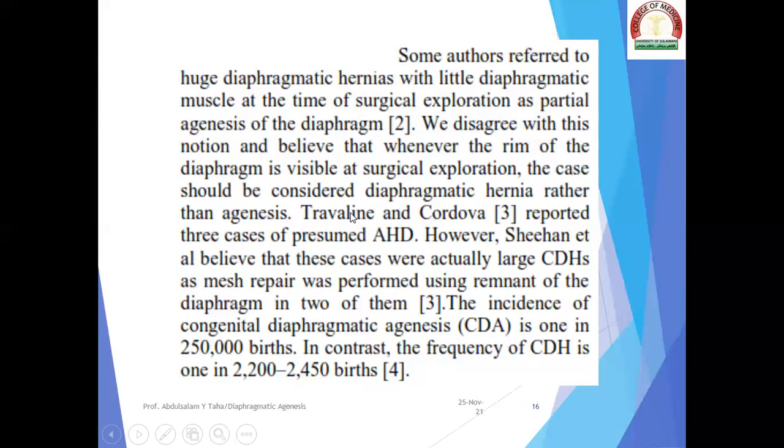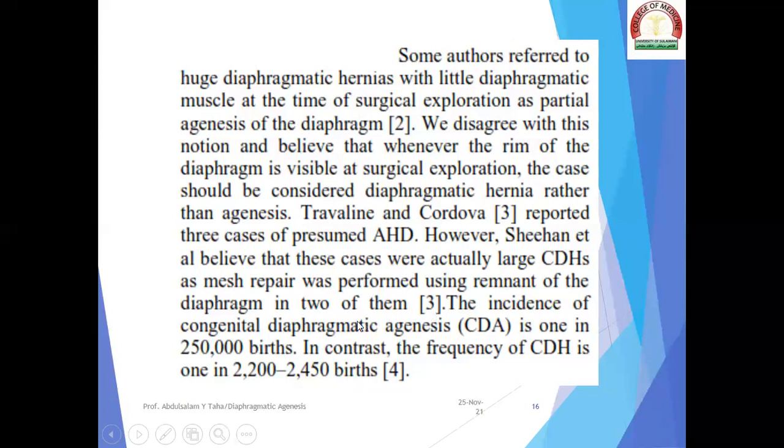Travaline and Cordova reported 3 cases of presumed agenesis of the hemi-diaphragm. However, Sheehan et al. believe that these cases were actually large congenital diaphragmatic hernias, as mesh repair was performed using remnant of the diaphragm in 2 of them.